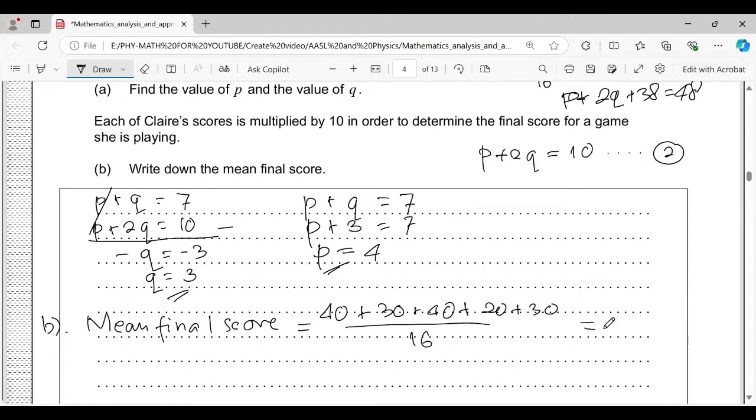If we calculate, we're going to find the result is 30.